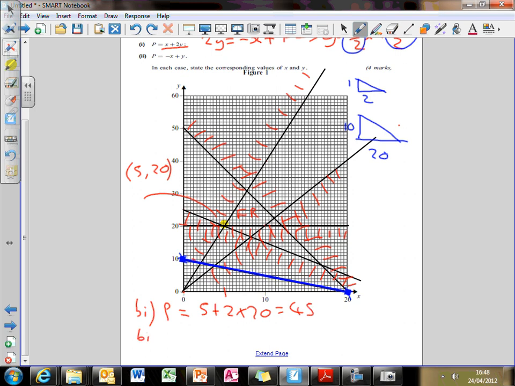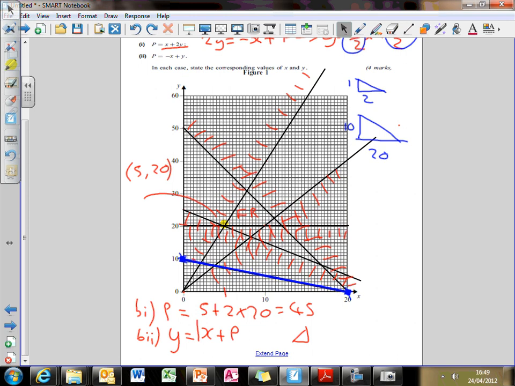Okay, B part 2. I want to minimize, so P equals minus x plus y. Rearrange that to get y equals x plus P. So now the gradient of this objective line is 1, which means for every 1 you go across, you go 1 up. Okay, let's draw an objective line on.